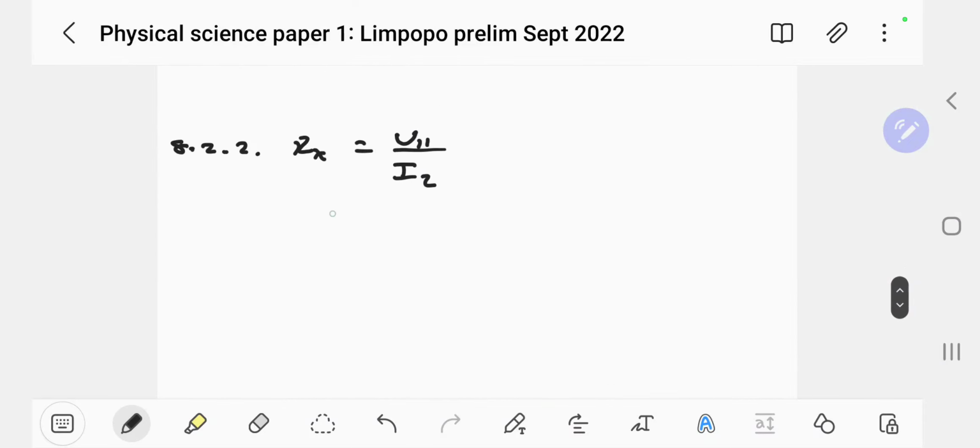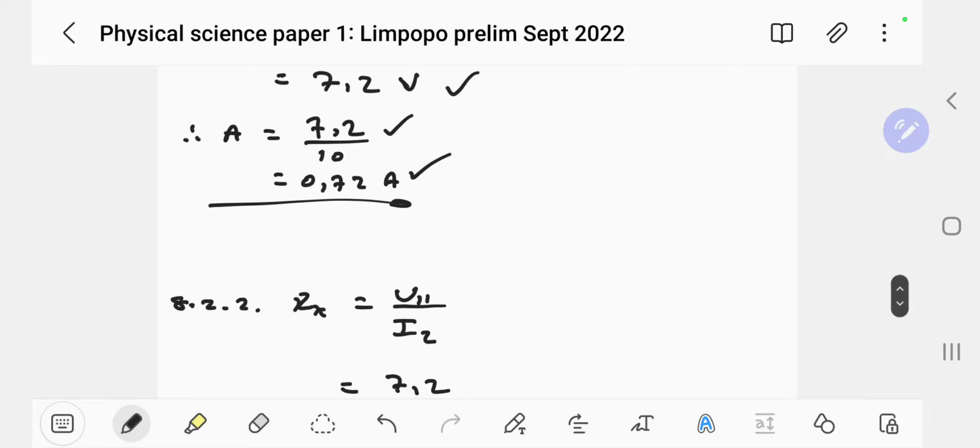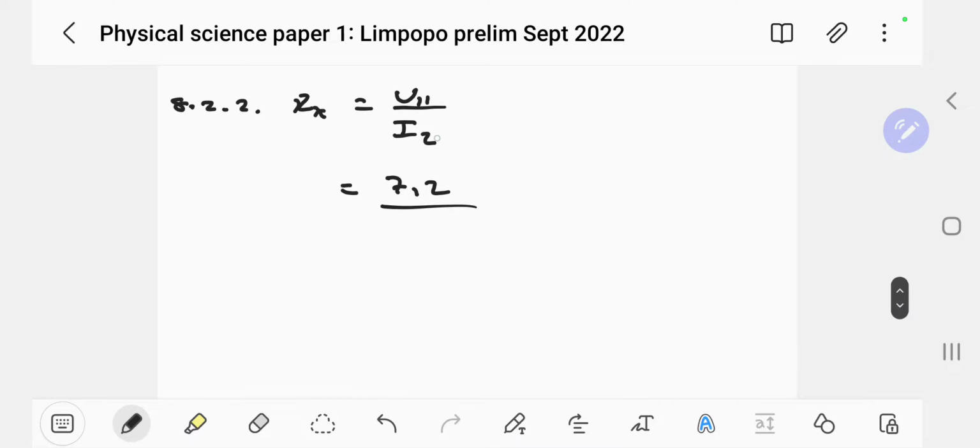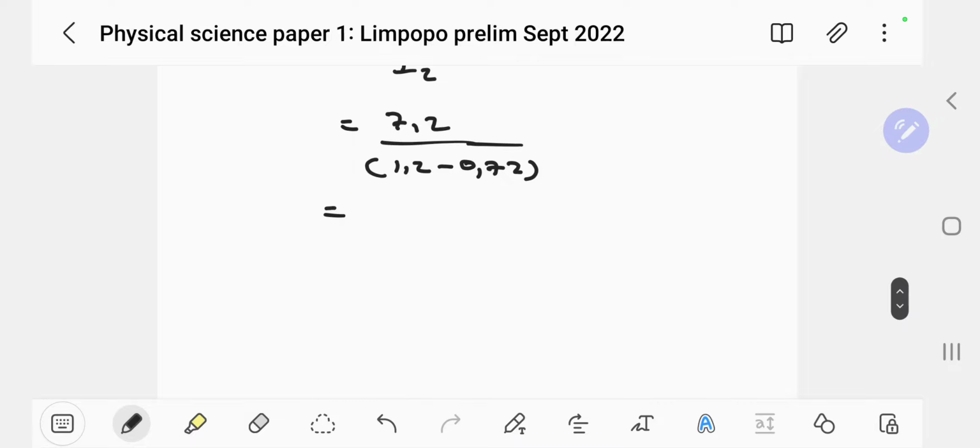What is V parallel? We got 7.2. What is I2? I2 is going to be the total, which is 1.2 minus the other one, which is 0.72. So you guys need to be very quick with these kind of things. You don't want to end up with too many useless steps that don't really help. So you want to move as fast as you can when you can.